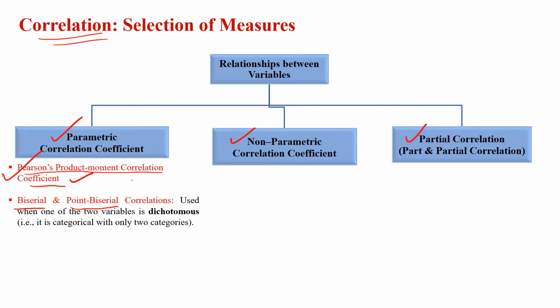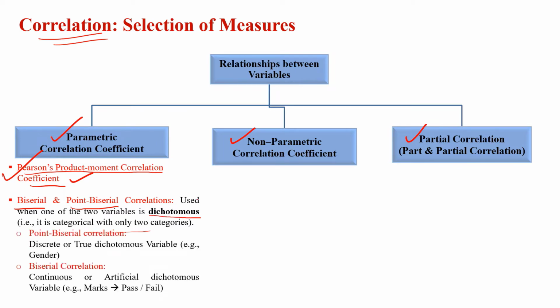For these, one variable must be quantitative and follow the normal distribution, but the other variable must have two categories. That particular variable is called a dichotomous variable. So now the question is, under what circumstances can we apply point biserial correlation, or biserial correlation coefficient.